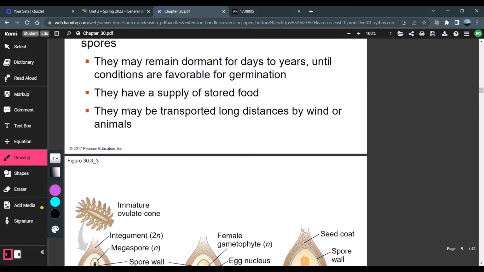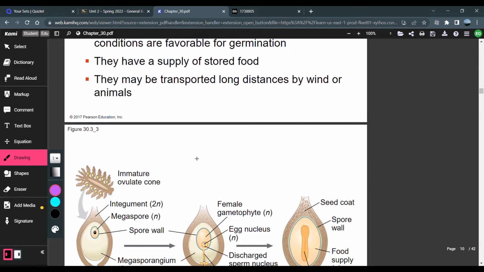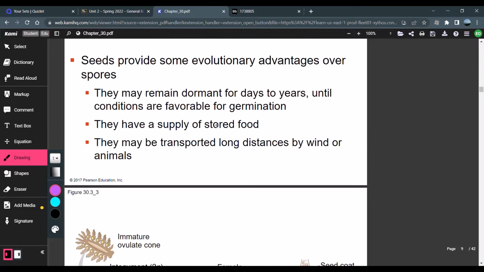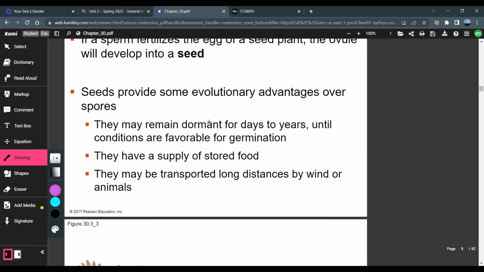The seeds pass through the animal's digestive tract and out of the animal, and the animal could have walked, I don't know, 50 miles away from where it had its meal containing the seeds, and therefore spreading the plant.